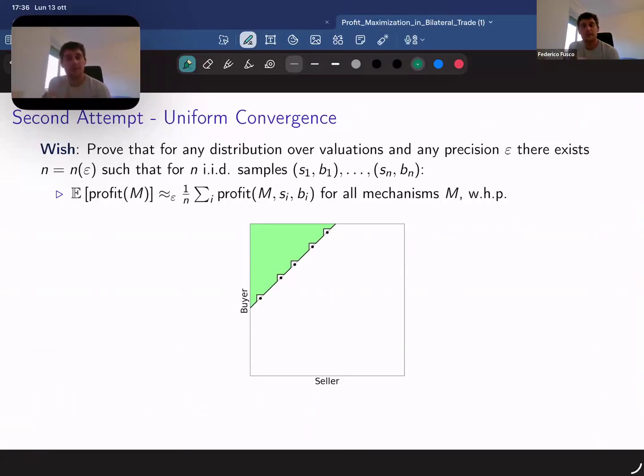Remember, in the stochastic setting, we have a distribution, we observe samples from this distribution, and we want to learn the best mechanism.